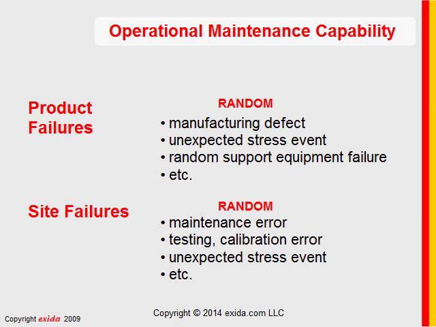Now, what am I talking about? Random failures can be divided into two categories. We have failure rates attributable to a product, and those include a manufacturing defect, really unexpected stress events that actually exceed the strength of the product, and perhaps some random support equipment failures, which all could be considered product-related failures since they deal directly with the strength of a given design.